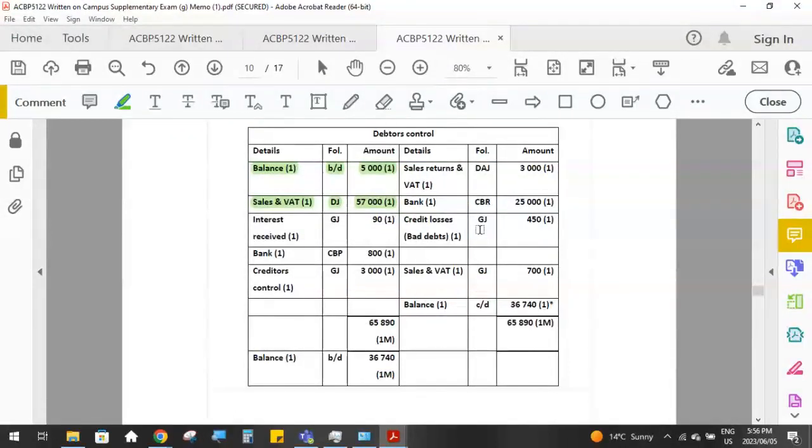So we have to go and put that on the credit side of the account. So there's the 25,000, cash book receipts, and this would come from, in the cash book receipts, the contra account to debtors control would be bank. The main column in cash book receipts is bank.